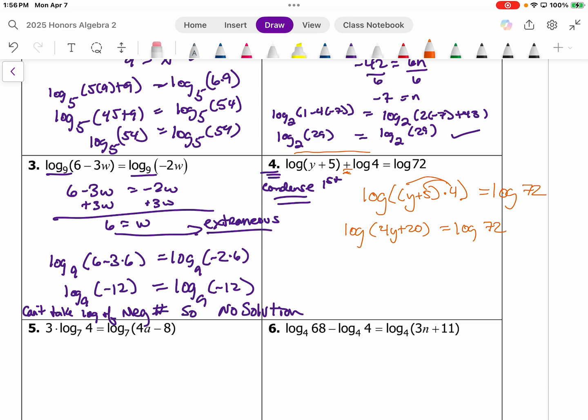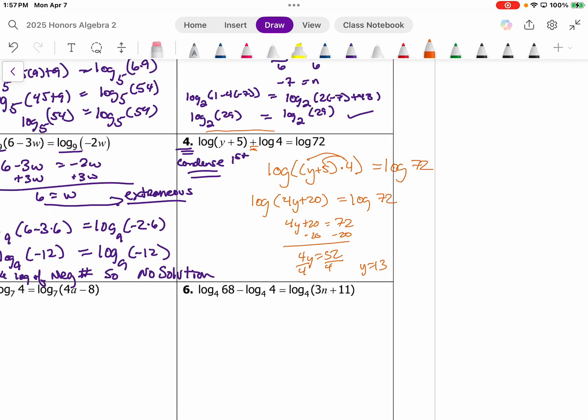Now I have the word log once on each side, so I can go ahead and use the one-to-one property and say that 4y plus 20 equals 72. And I can now solve for what y is. So subtract the 20. I get 4y is equal to 52, divide by 4, and I get y is equal to 13. And then I need to check it.